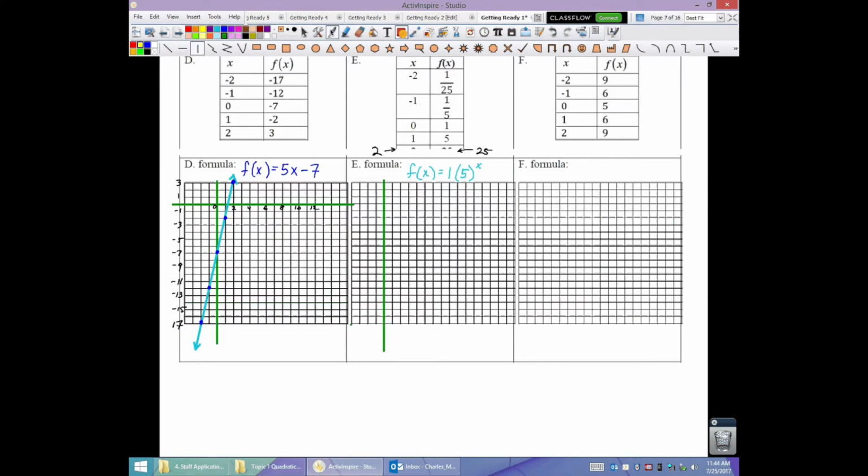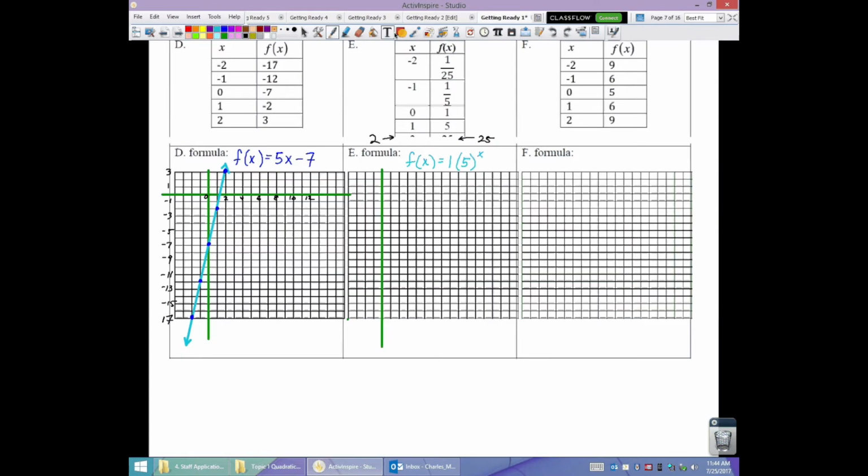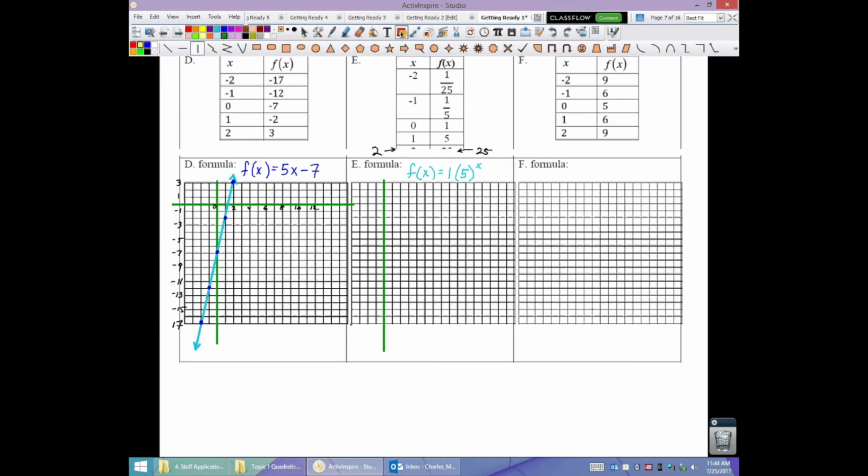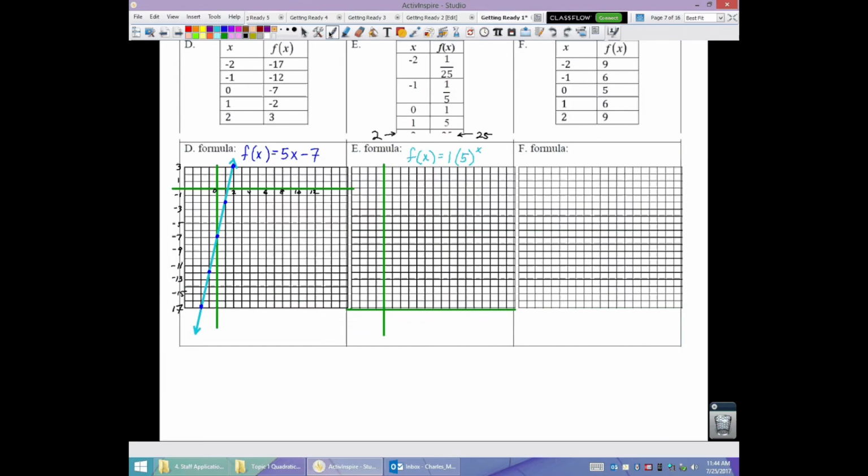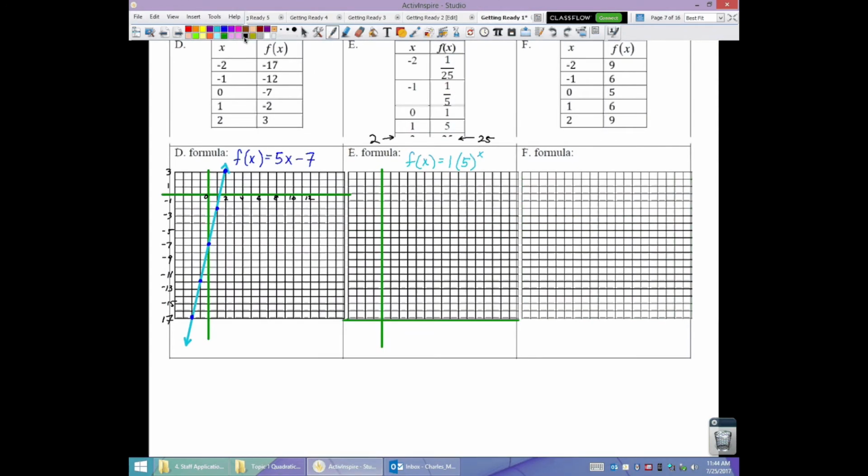I can put the x-axis at the very bottom, because I need to be able to show the x value negative 2. All right, so I'm going to count by 1s on the x-axis and the y-axis by 2s.